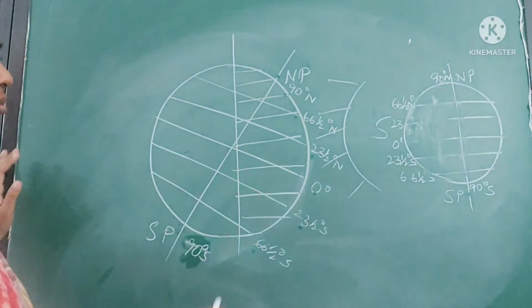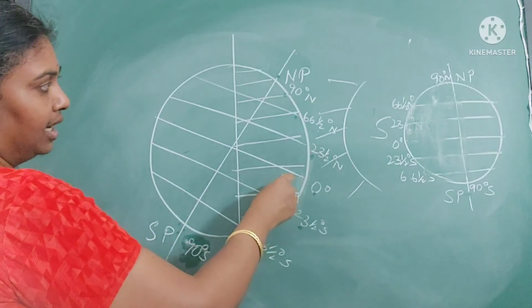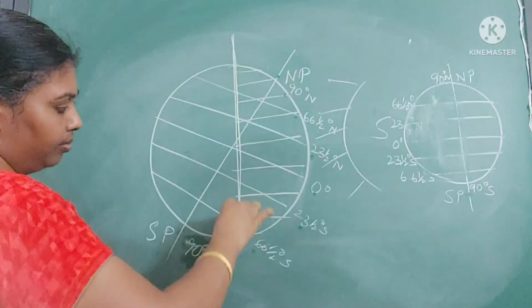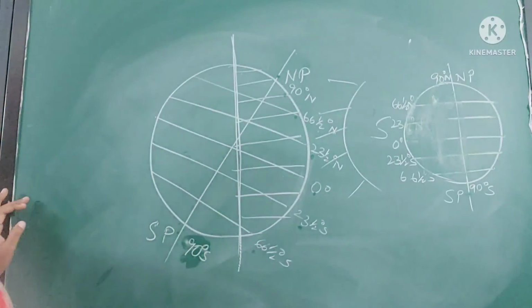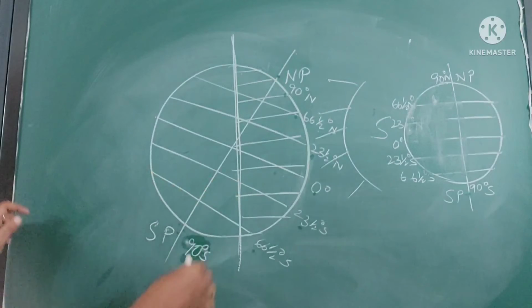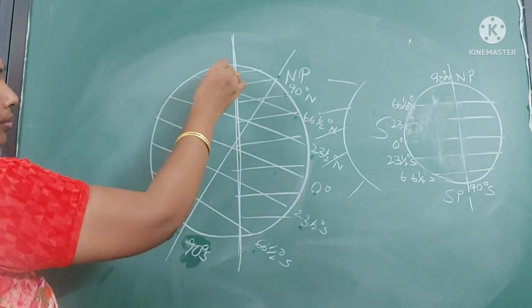Now see here, because we have the sun here, this is the circle of illumination. So this part has sunlight and this part is the darker part.